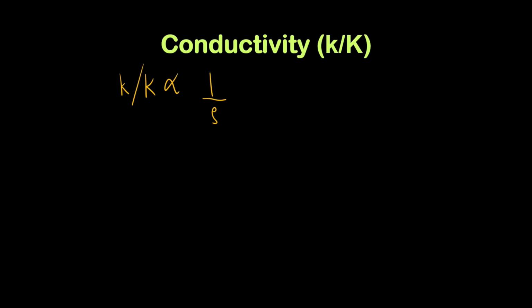In this way you can relate and try to remember. So 1 by rho. What was the formula for rho? We found it just now: R A by L. So conductivity is inverse of resistivity, so it will be L by R A.